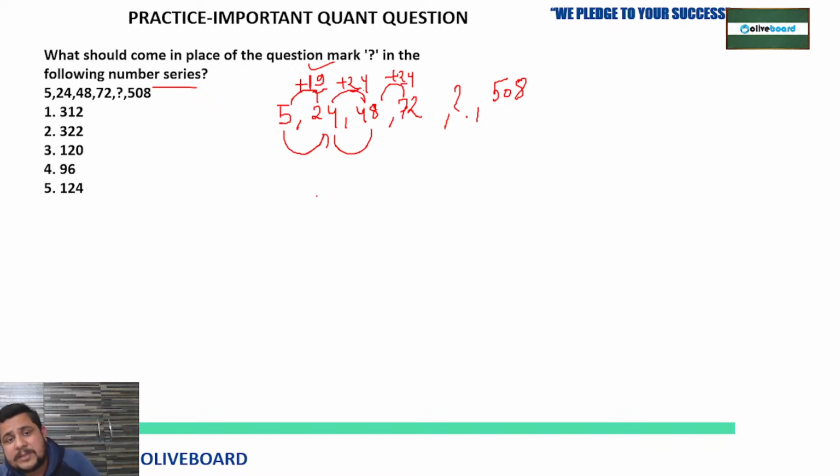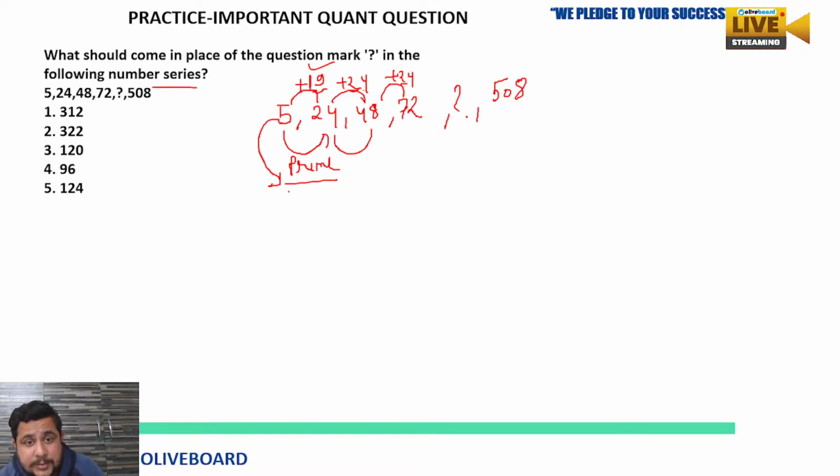So what could be the pattern? Any square or cube value? 5, no, nothing. So see one thing here, it is completely different. Think about prime numbers. It is a completely higher level, different kind of series that I have for you in today's session.